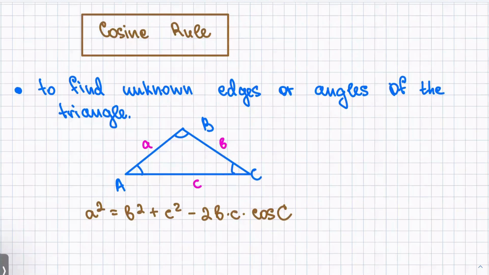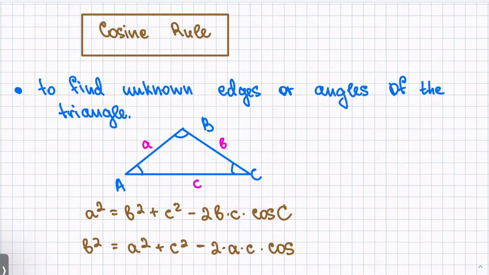Similarly, dear students, the cosine rule can be stated for the side b and for the side c. So b squared is equal to the sum of the squares of the two remaining sides, which are a and c. So it will be a squared plus c squared minus 2 times a times c times the cosine of the angle between these two sides a and c.